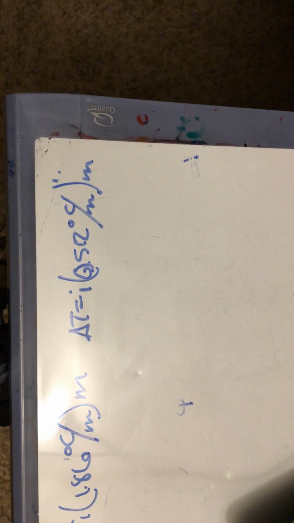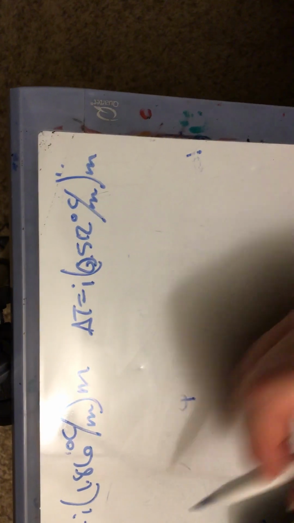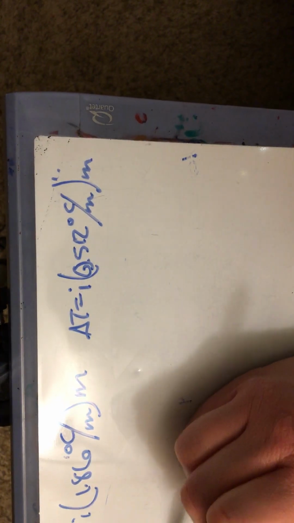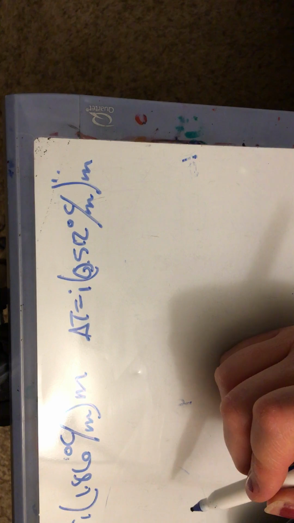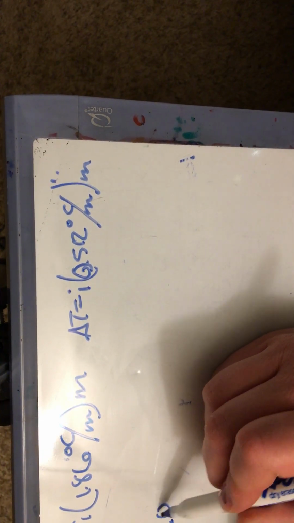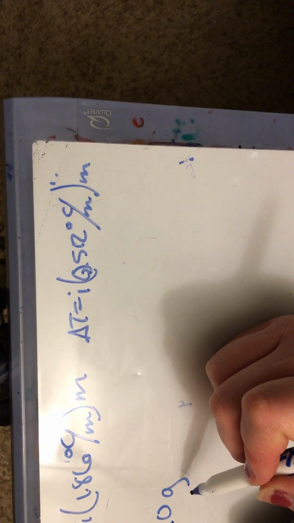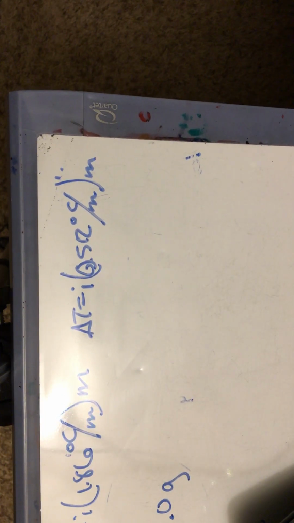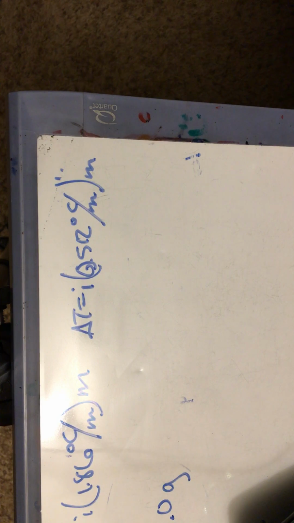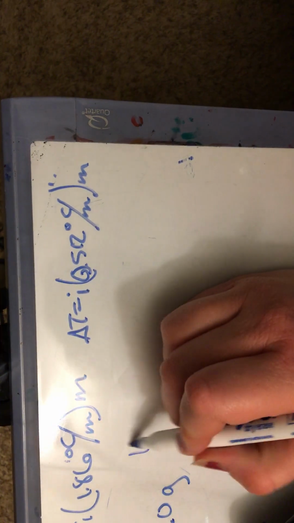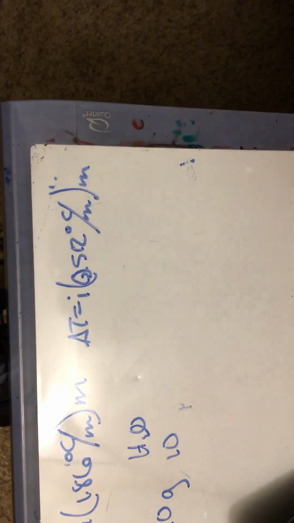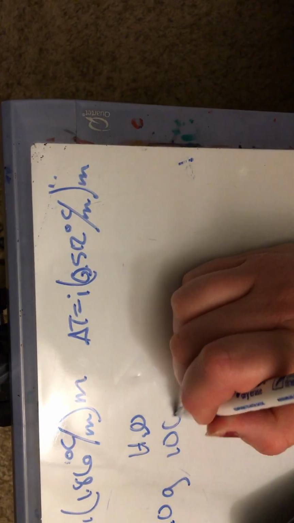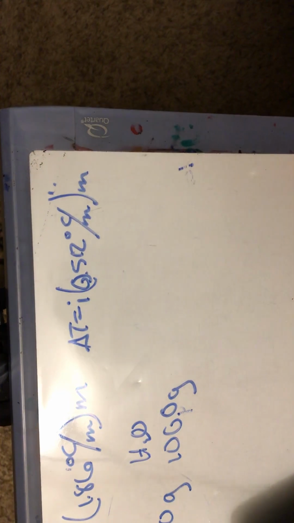Three more, I guess. What is the freezing point of a solution that is made by dissolving 20 grams of KF in water, 100 grams?